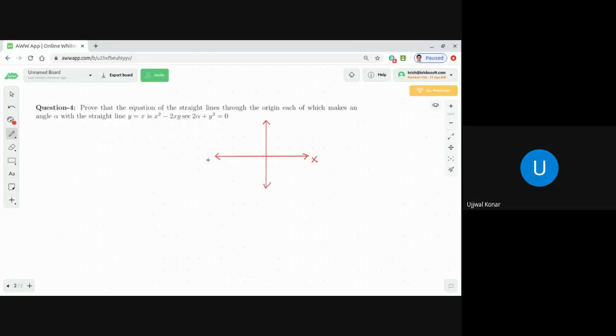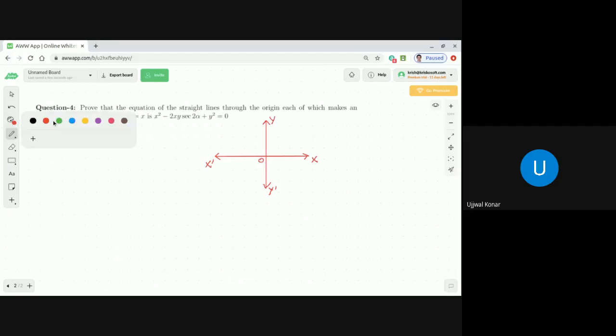So this is x dash, y dash, and origin. So prove that the equation of the straight lines through the origin, each of which makes an angle alpha with the straight line y equal to x.